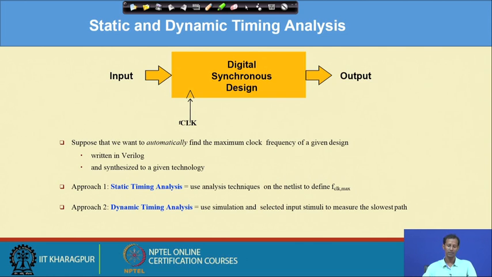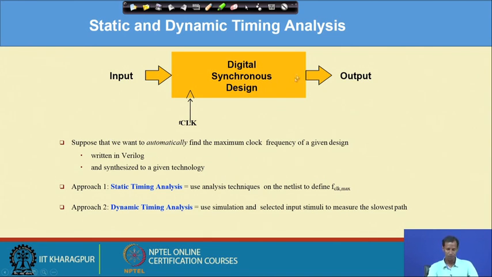Static timing analysis uses analysis techniques on the netlist to define this f clock max. Here, whatever is the corresponding critical path from the input to the output, the path which takes the maximum time is the critical path for your system.